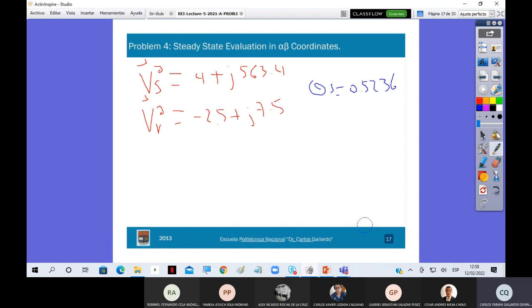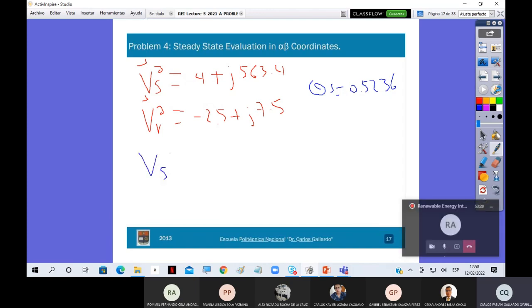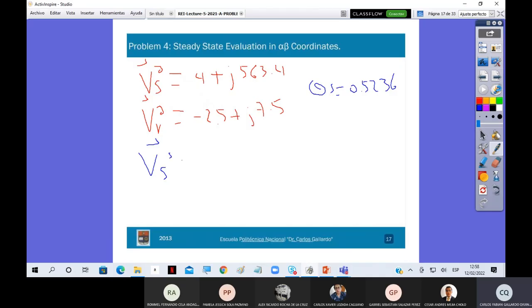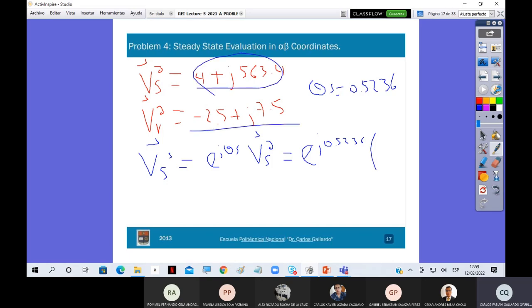Yeah, okay, so if I want it in the stator reference frame, I need to multiply by the angle, okay? So this is equal to e to the j theta S times the stator voltage in the synchronous reference frame. So I will have e to the j 0.5236 times this voltage, because I am working on the stator side.